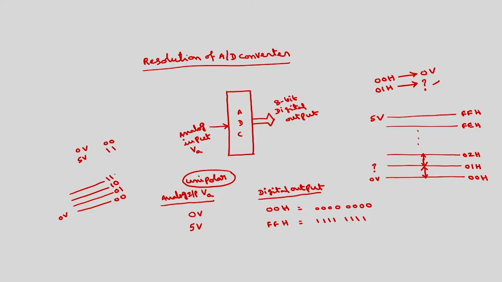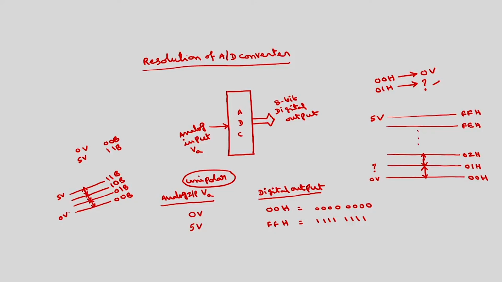These are all binary values, B, not H. So this is 5 volts. Now what is the distance between two consecutive levels?